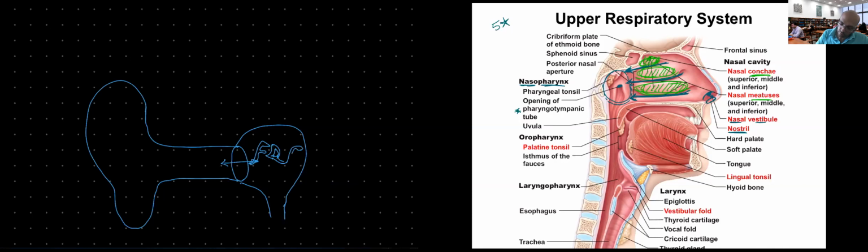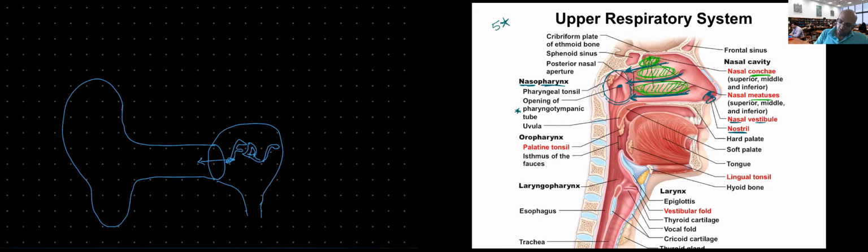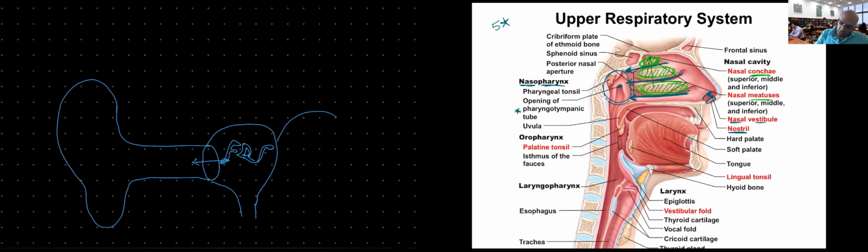and stapes, for the vibrations to be conducted to my internal ear, where I've got the fluid inside the cochlea. And in the cochlea, you've got the receptors responsible to detect hearing.